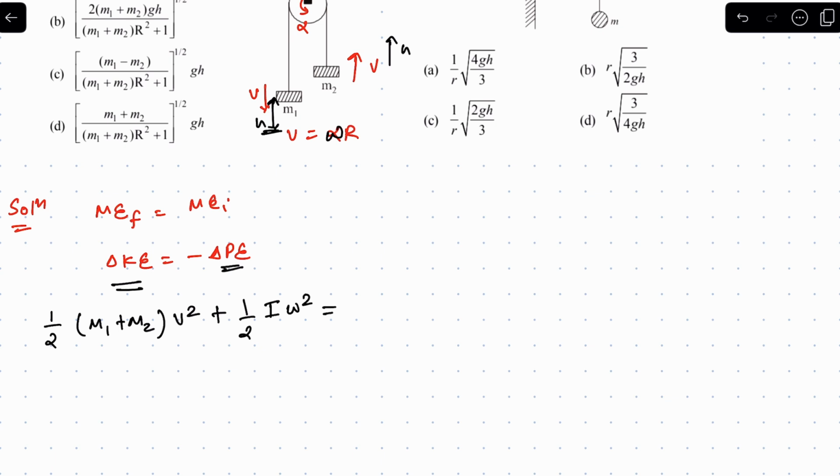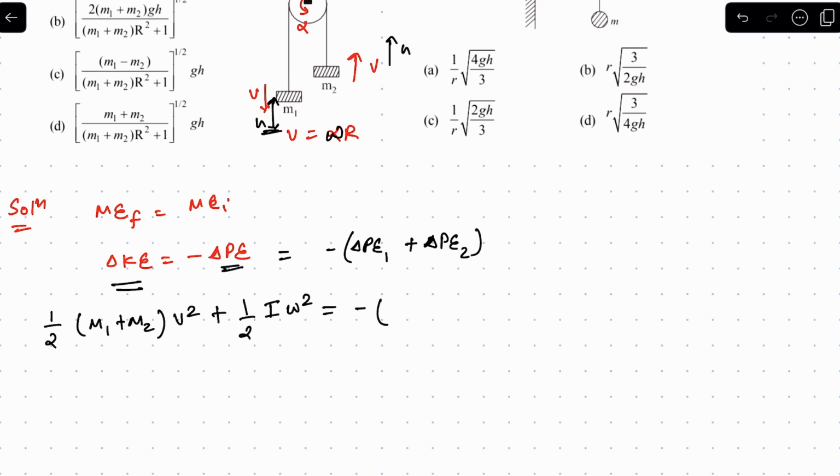When we write the change in potential energy, it is P final minus P initial. So I can write the negative of the change in potential energy of block 1 plus the change in potential energy of block 2.